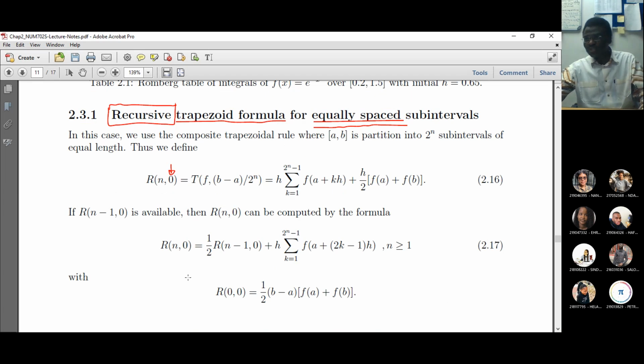Good. So let me write here. When we say R, it's like R_{i,j}, where i stands for the row number and j stands for the column number, where the column starts from 0.